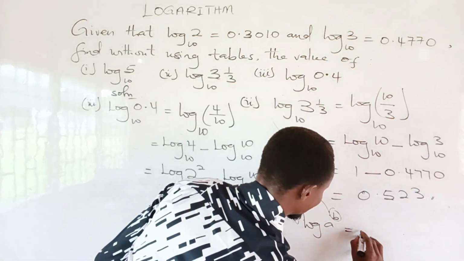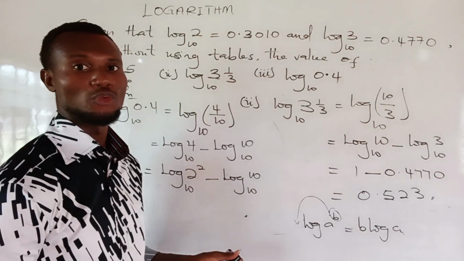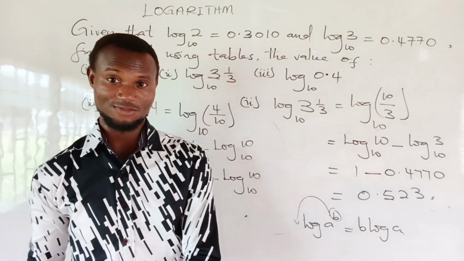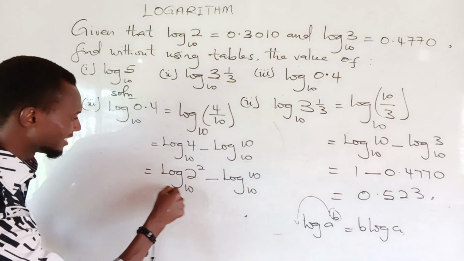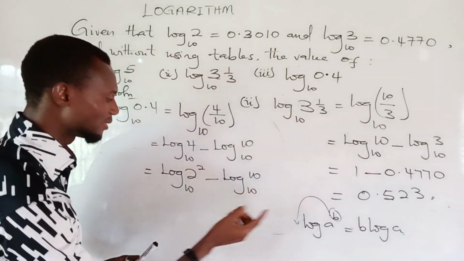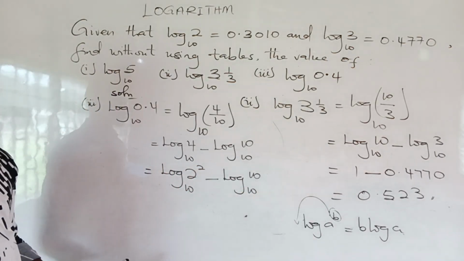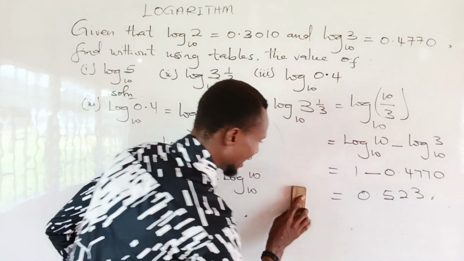So I can write it as b log a. That is the power rule which we've established and explained a lot in the previous videos. So that's what we are going to apply to rewrite this one in another form, which means that the 2 here, which is a power, will come in front of the log to become a coefficient.